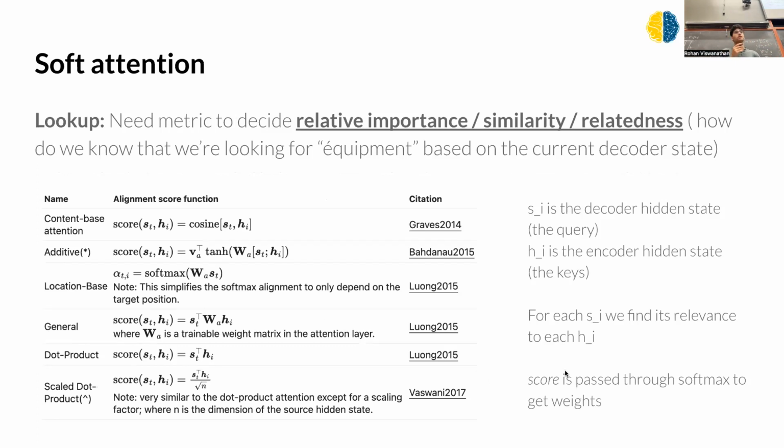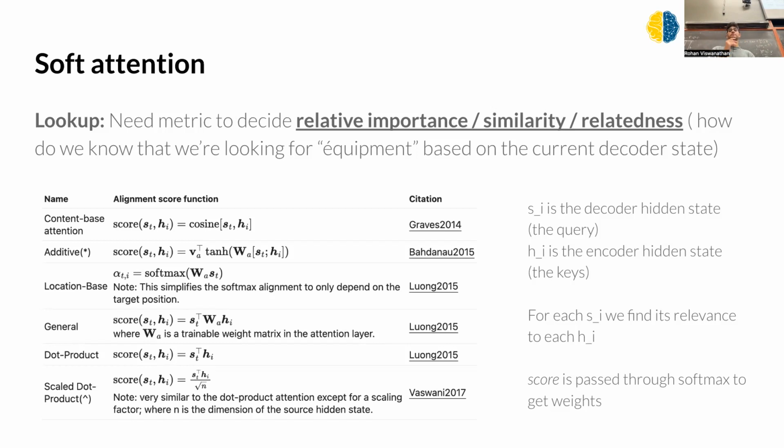Now, what is a metric to decide how this lookup should happen? There's a relative importance of similarity or relatedness between some implicit representation that we're trying to tie to our concrete feature data set or database. How do we know we're looking for the French word for equipment? Based on the current decoder state. There are a couple of ways that we can do this. Here, s_i is the decoder hidden state, or the query, right?